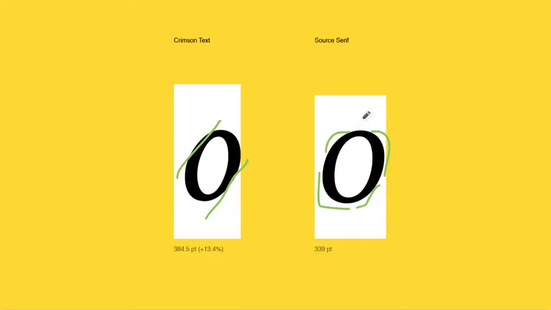What I mean by italicizing is you should feel a sense of angledness in the O. But it looks like compensations were done to give a little more roundness to these territories in Source Serif, especially compared to Crimson Text. Part of this is also the width, right? The narrowness of Crimson Text justifies this steeper slope, we'll say, on the outside curves of the O, versus the more square approach in Source Serif.